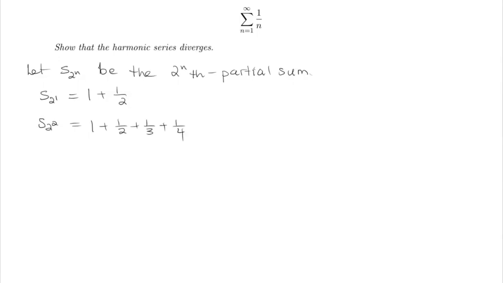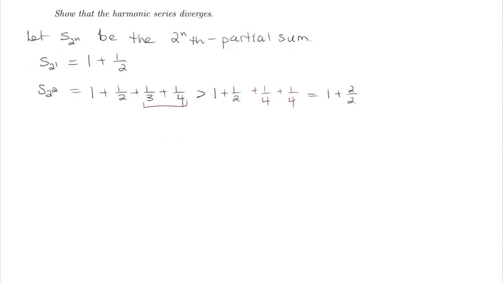However, note that these two terms here, 1/3 and 1/4, each of them are greater than 1/4. So that is greater than 1 plus 1/2 plus 1/4 plus 1/4, or in general, that is equal to 1 plus 2 over 2, right? Nothing here just yet, but let's have a look at the third one.